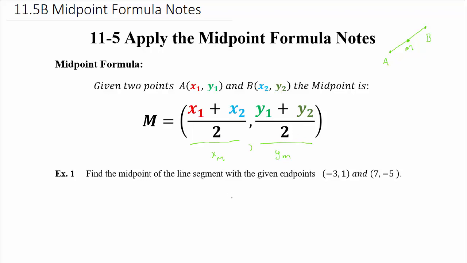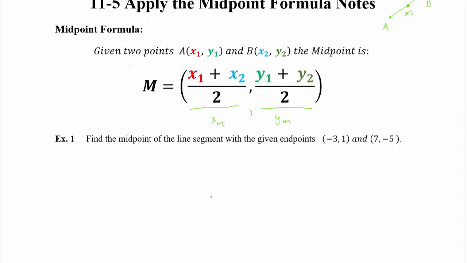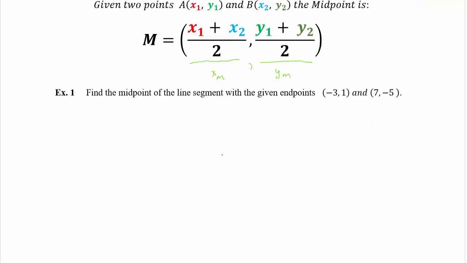So let's go ahead and attack our first problem. Find the midpoint of the line segment with the given endpoints (-3, 1) and (7, -5). So my midpoint equals, add up the x's, -3 plus 7 divided by 2, comma, add up the y's, 1 plus -5 all over 2.